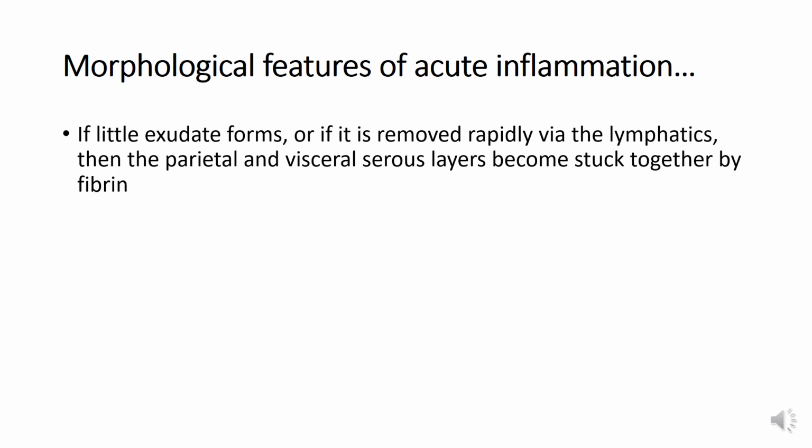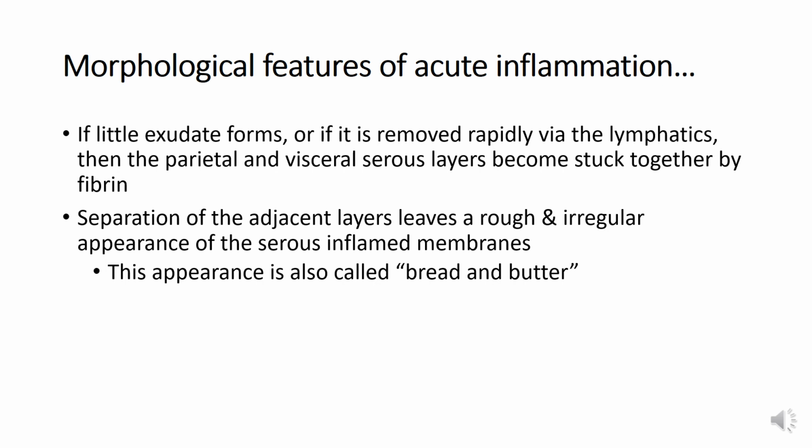So if the inflammatory exudate is not much, it is removed by the lymphatics, and the two layers will usually stick together because of the fibrin. And if the two layers are then separated, they appear rough and irregular.